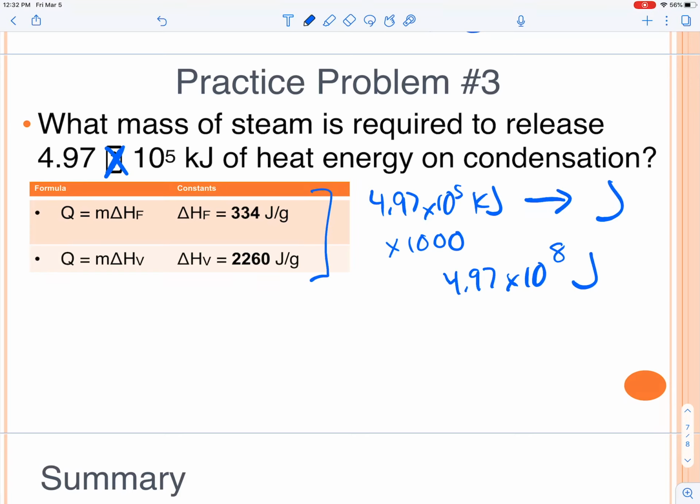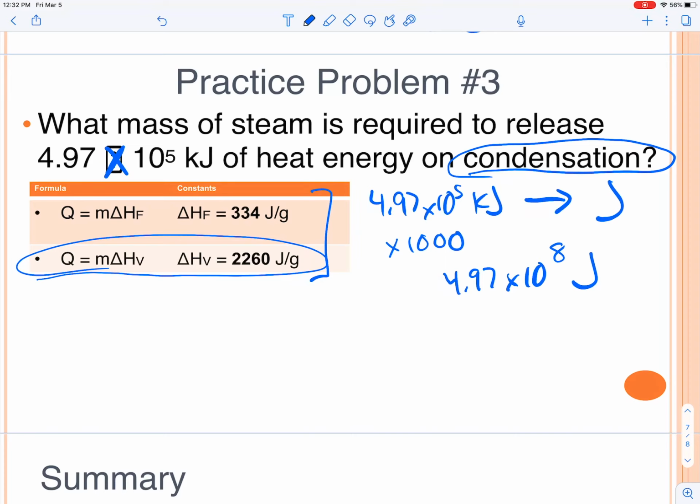Now, I have to figure out which equation I'm going to use here. Which constant am I going to use? We see the word condensation, so for condensation, I'm going to use these numbers here. Q equals m times delta HV. We're solving for mass. We don't know what the mass is, so this is different as well. So let's put it all together. We've got enough information to plug in numbers.